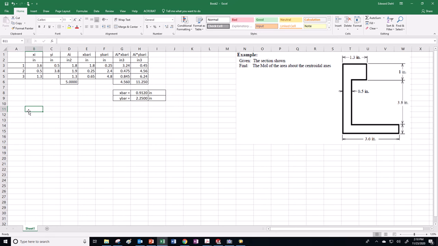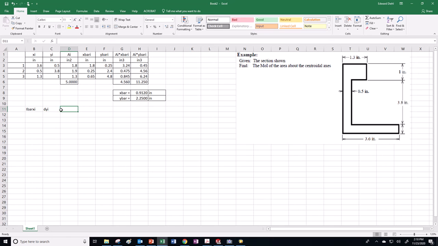And I decided to go with I bar XI, and then I said DYI. Got to be careful that we don't use DXI. We could be very tempted to.